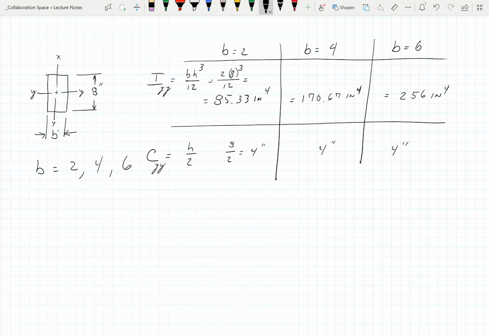What's it mean to you? Yes. So, the bigger the object, the more moment of inertia it has.